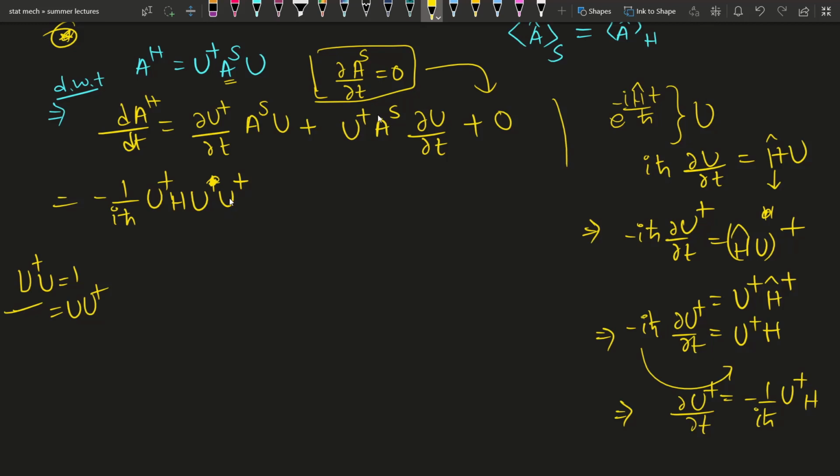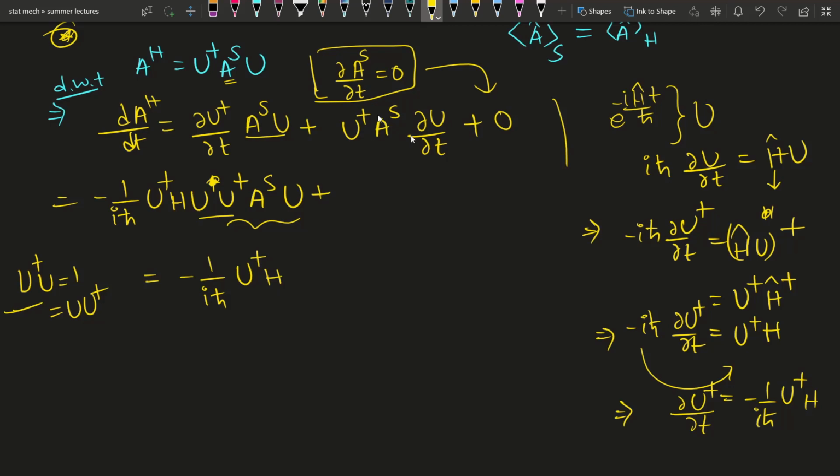Now this is equal to 1. So it becomes minus 1 over i h cut U dagger and then H, I'm writing this first, then I will write the other.